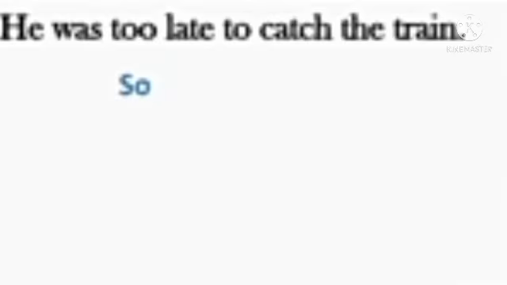Let us see the next example sentence. He was too late to catch the train. Here also we will follow the same steps. First we will remove too, and replace it with so. So it will be like this. He was so late. Then again we will remove to and add that. Okay. Then we will add the pronoun according to the subject.